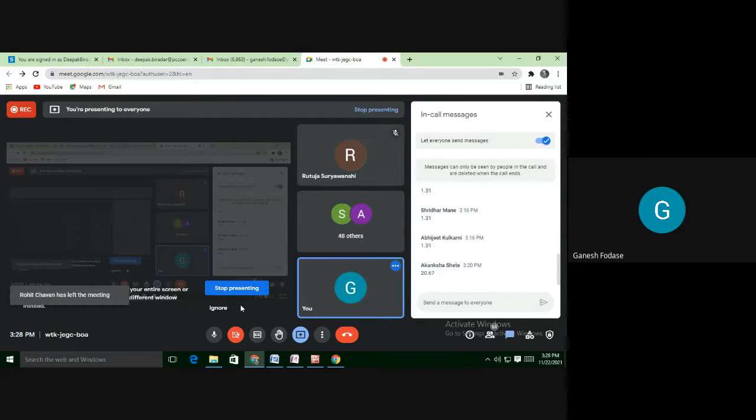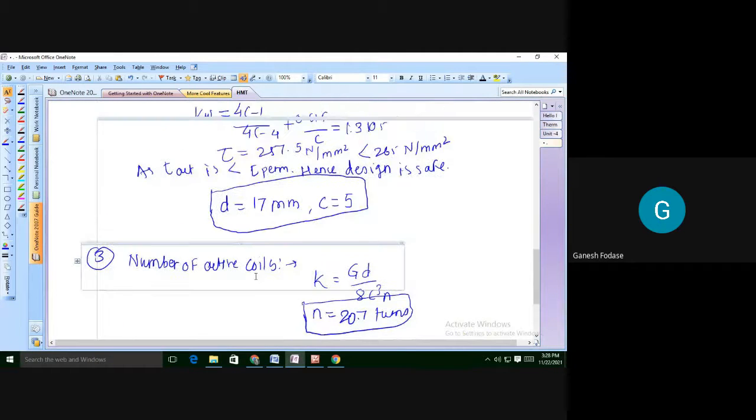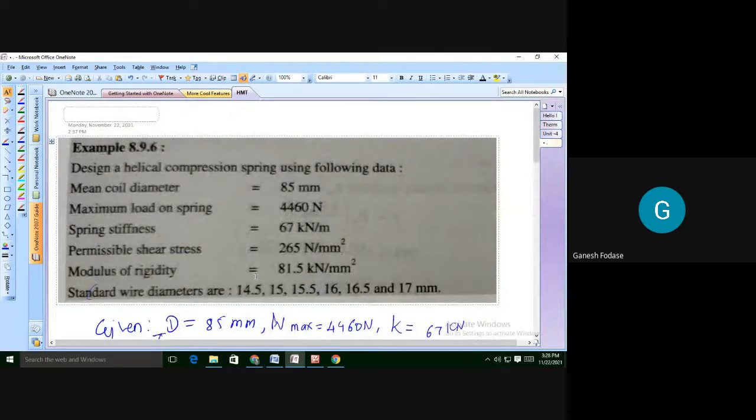Okay, so this was the numerical just given to you. I hope it is a similar numerical. Now you have to tell me what is the change between the first and this numerical. This was the first numerical and the second numerical I just dictated to you. Tell me what is the main change here. Observe and tell me which data is additionally given, which data is not given. That is important. You should understand how different numericals can be asked.